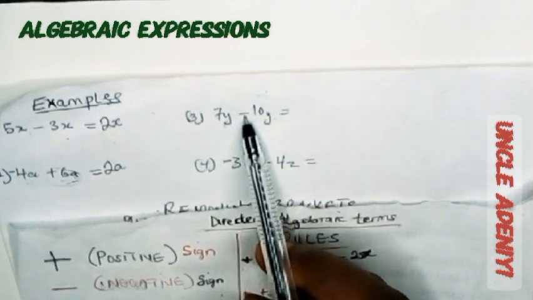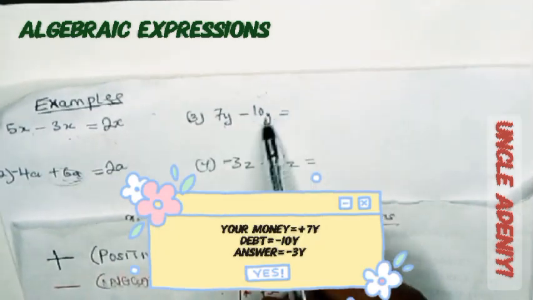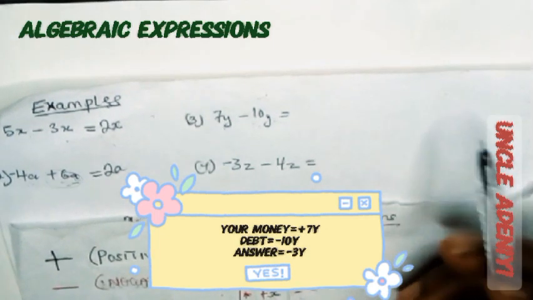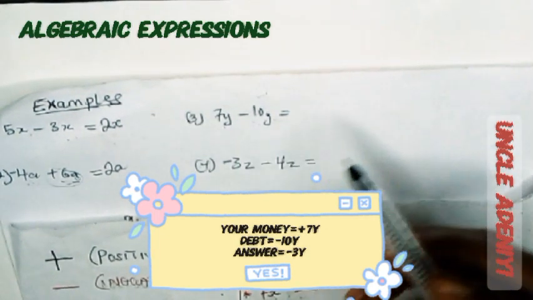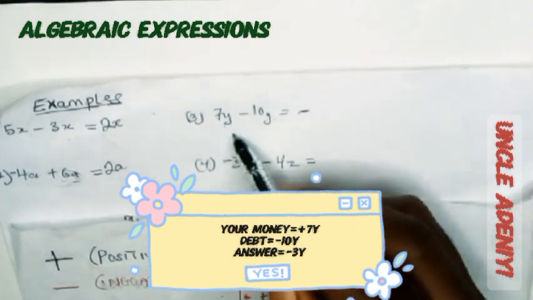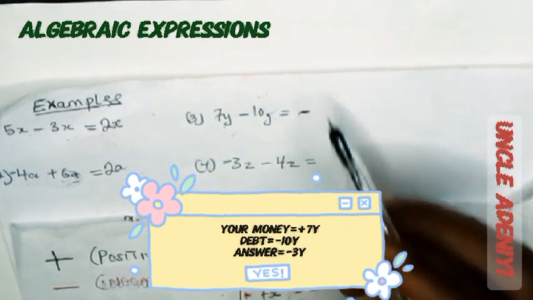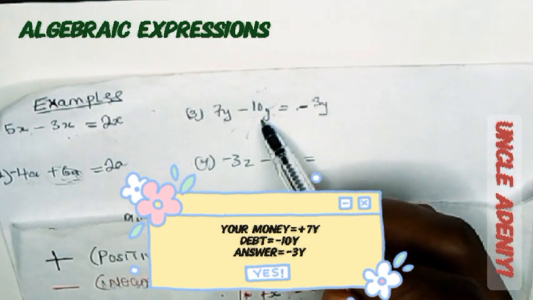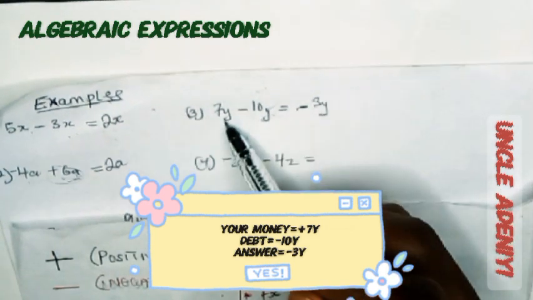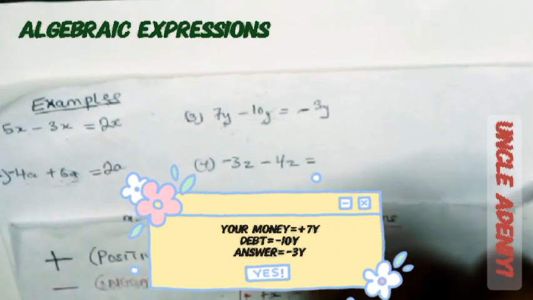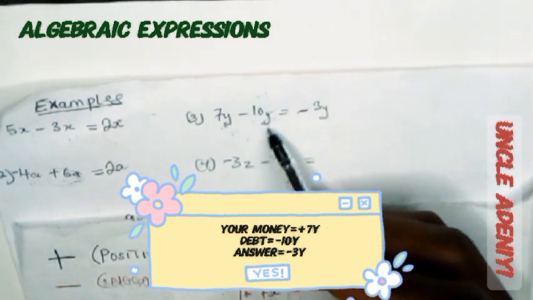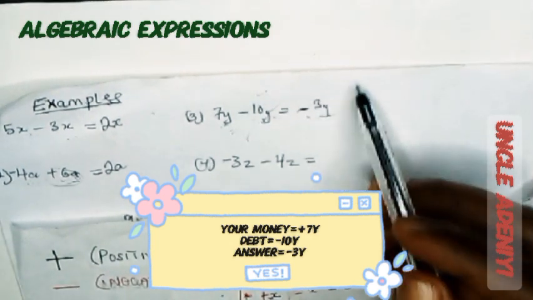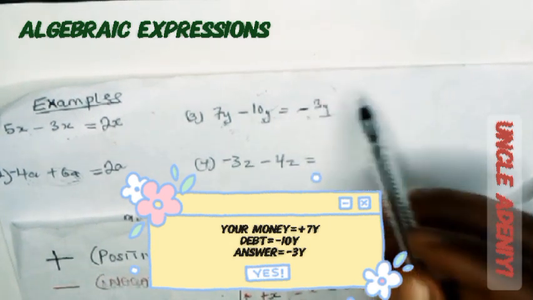So you are owing somebody 10y, and you have 7y with you. If you pay the 7y, you are still owing that person because your 7 is not up to 10. So it is minus 3y, which means you are owing that person 3y.